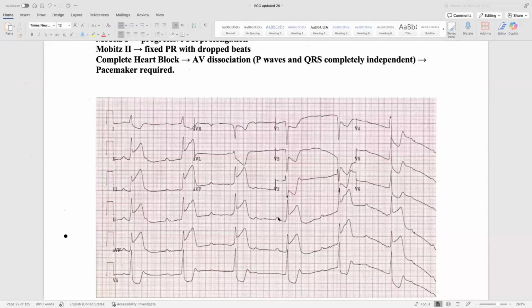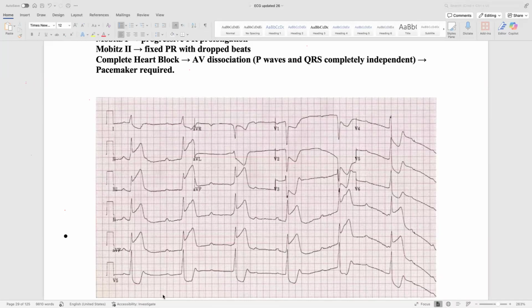The third one is a P wave but short. So prolonged, short. That means there is no matching. Complete, no matching. Third degree. No matching. Third degree. What else? Big abnormality here.